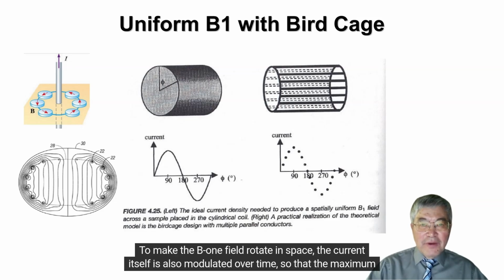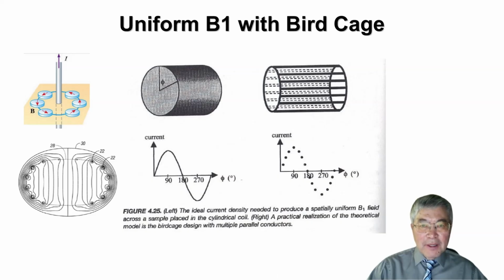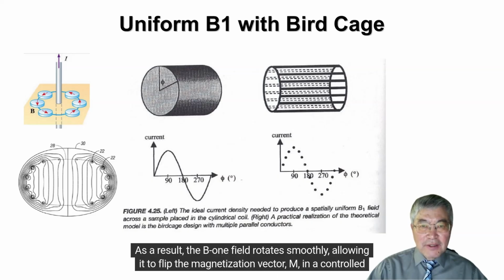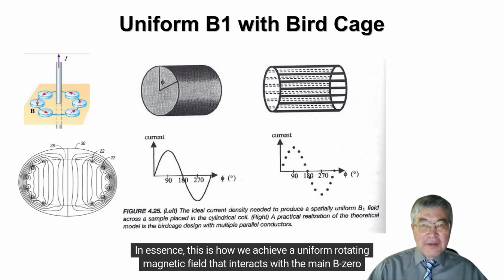To make the B1 field rotate in space, the current itself is also modulated over time so that the maximum and minimum of the field continuously move around the coil. As a result, the B1 field rotates smoothly, allowing it to flip the magnetization vector, M, in a controlled and consistent way during excitation.